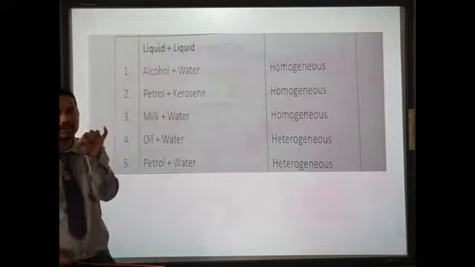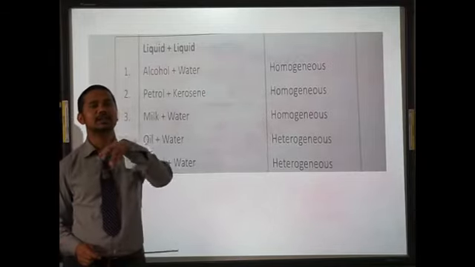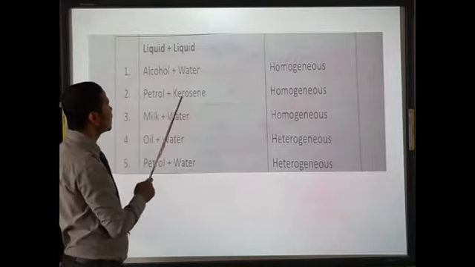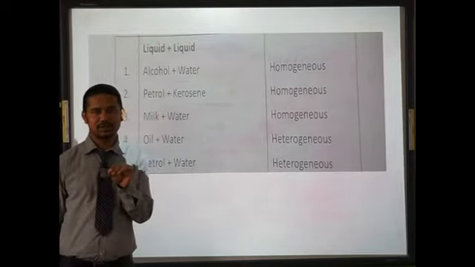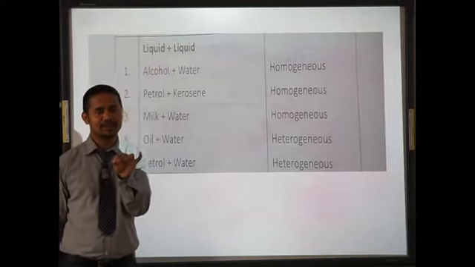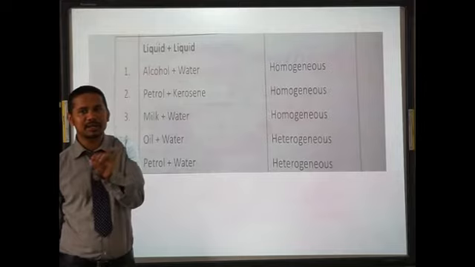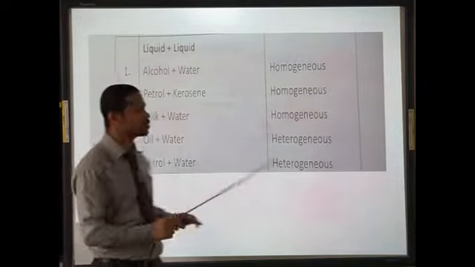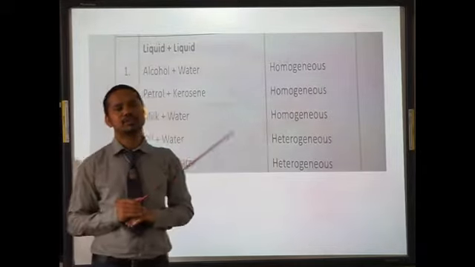When you add alcohol in water, it mixes uniformly, so forms a homogeneous mixture. Petrol and kerosene. Mind you one thing, kerosene does not dissolve in water. Petrol does not dissolve in water. They form different layers. But if you mix petrol and kerosene, they form a homogeneous mixture.